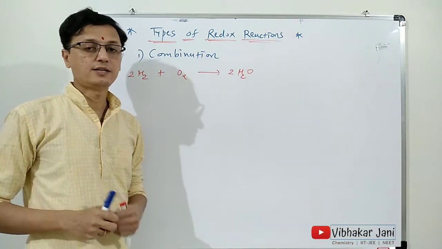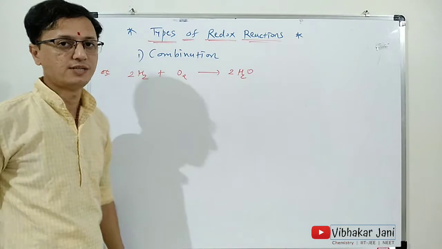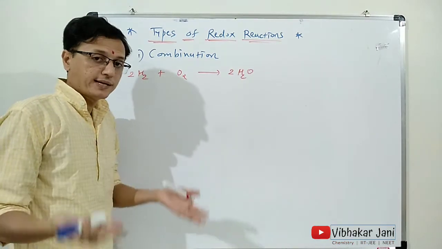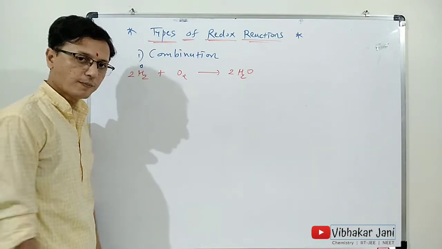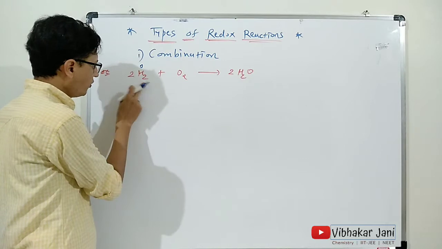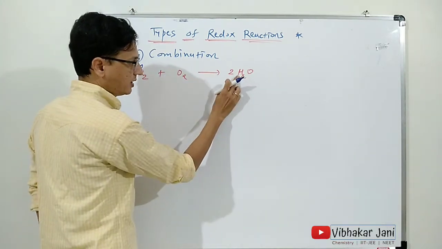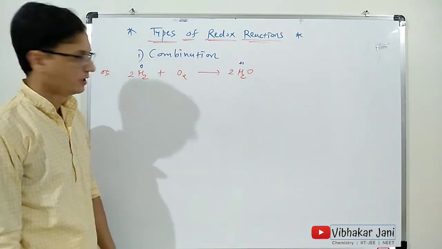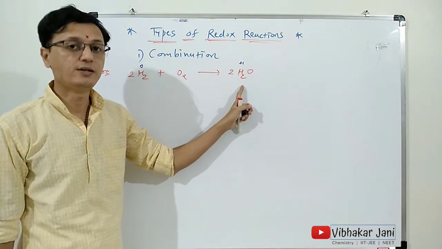Now let's consider the oxidation state of all the elements. We know very well how to find the oxidation state. Hydrogen is a molecule and the oxidation state of a molecule is always 0, so all 4 hydrogens have oxidation state 0. But as far as water is concerned, the oxidation state of hydrogen is +1. So the oxidation state changes from 0 to +1 in case of hydrogen.